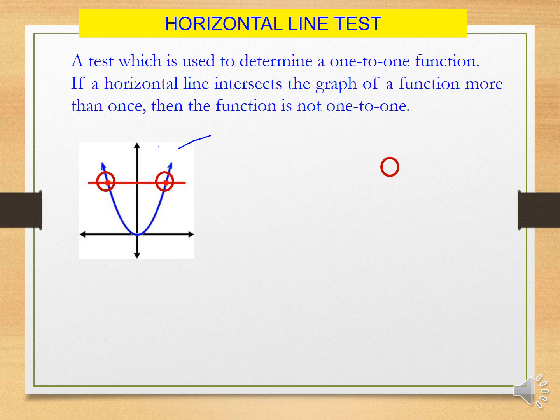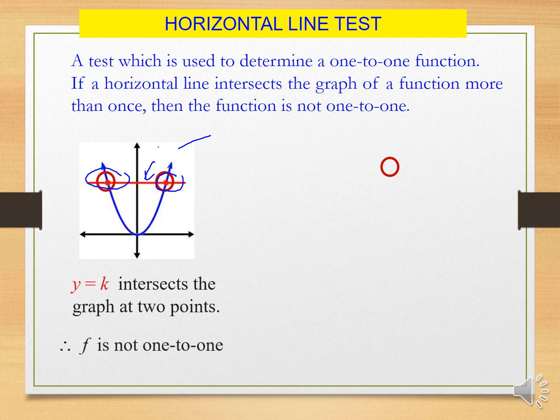This is the graph of a quadratic function. When we draw a horizontal line, we can see that there are two intersection points of the horizontal line and the graph. Therefore, this is not the graph of a one-to-one function.